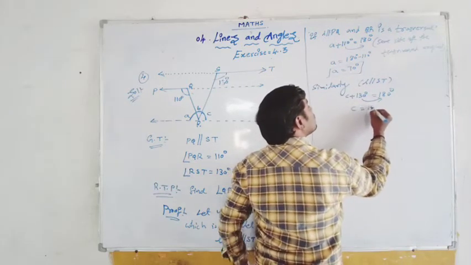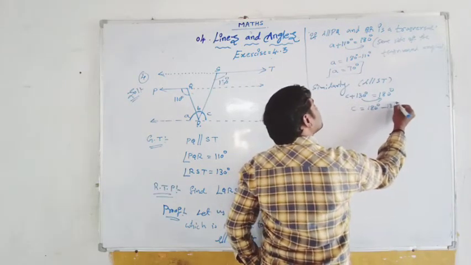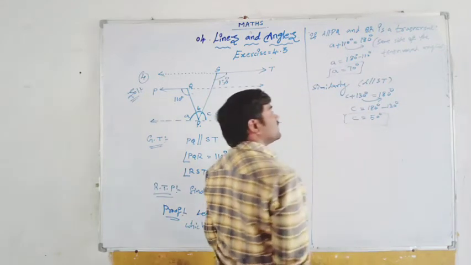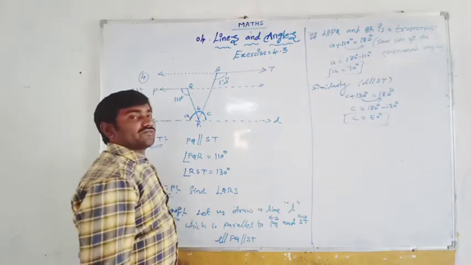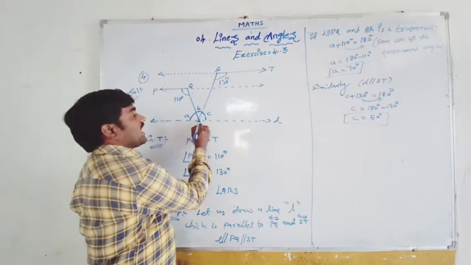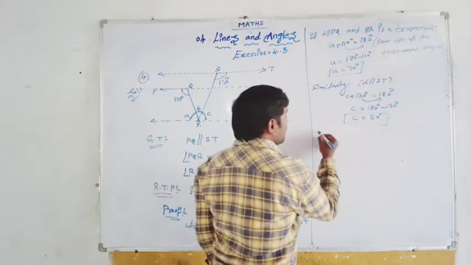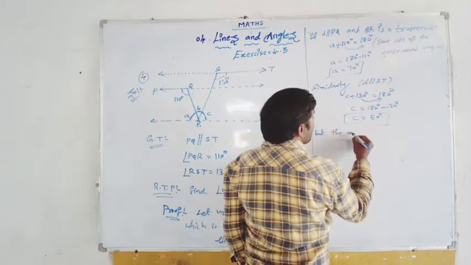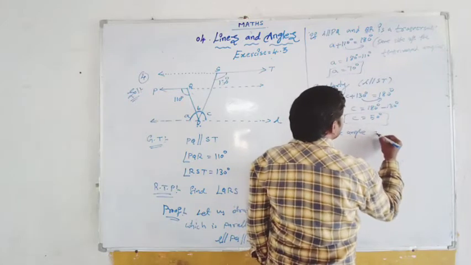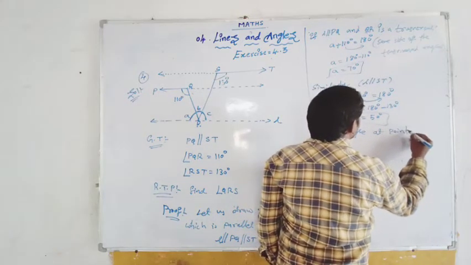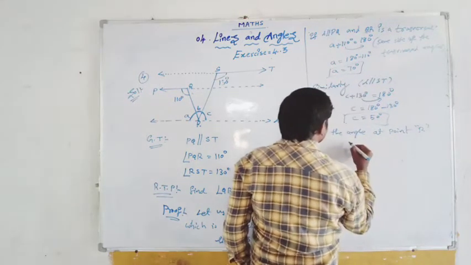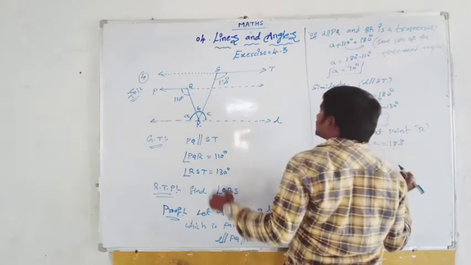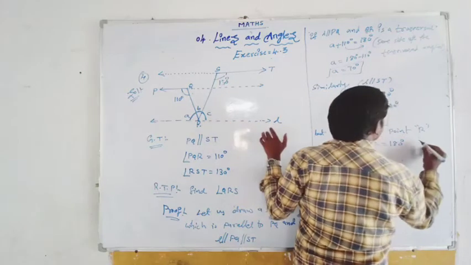Then C is equal to 180 degrees minus 130 degrees, and C is equal to 50 degrees. So A is equal to 70 degrees and C is equal to 50 degrees. But the angle at point R: A plus B plus C is equal to 180 degrees because L is a straight line.